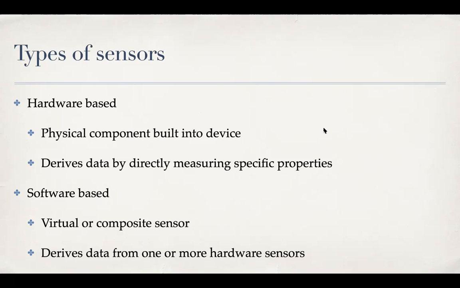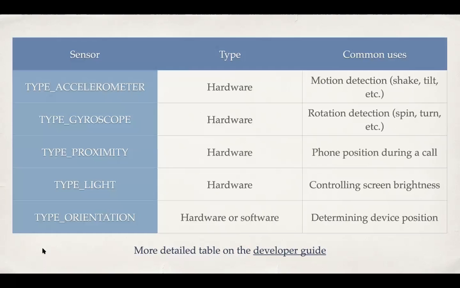On the documentation page, there is a detailed table of all the sensors that are supported by Android, and another table that tells you which API level supports what kind of sensors. Here we'll see just a few of those, and the link here takes you to the web page for more details.